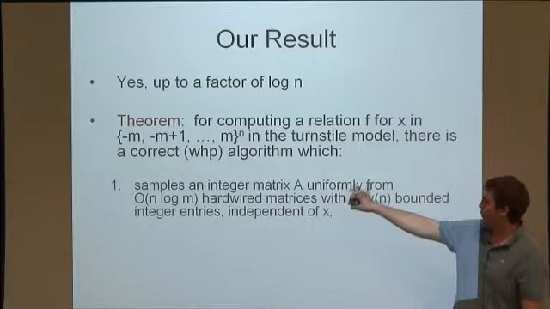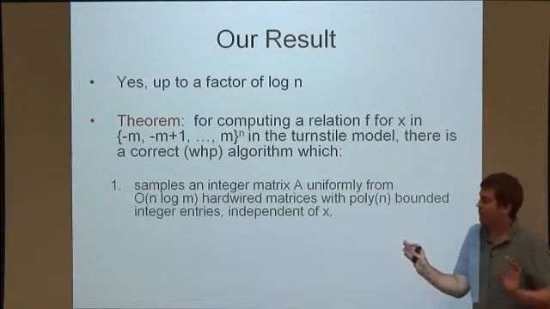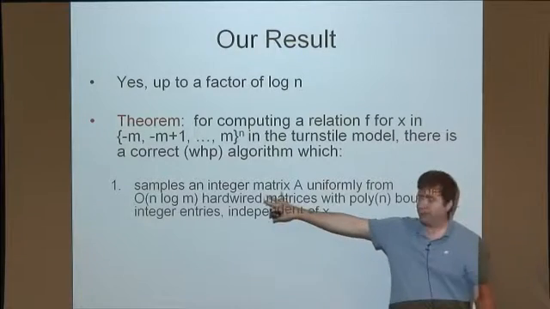For computing a relation f for an underlying vector x, which is promised at the end of the stream to be inside of this bounded integer box, there is a correct with high probability algorithm which does the following. Before the stream begins, it samples an integer matrix A uniformly from a small number, n log m, of matrices, which are hardwired.